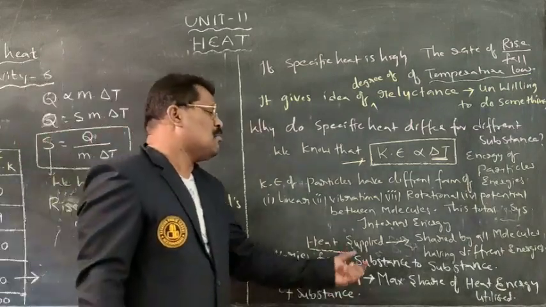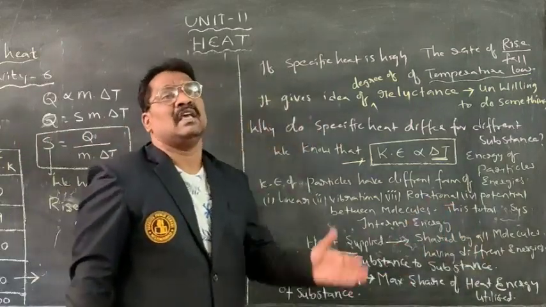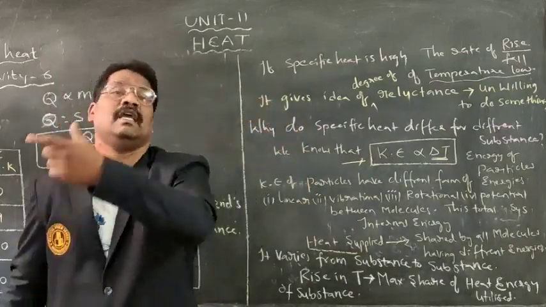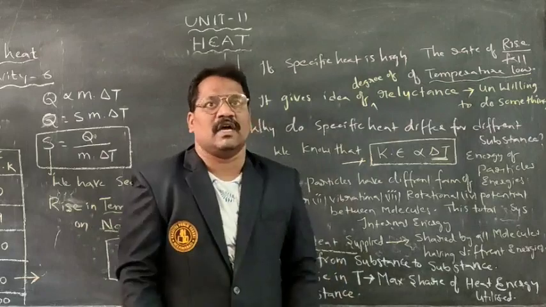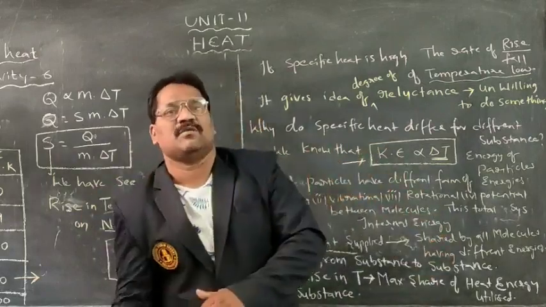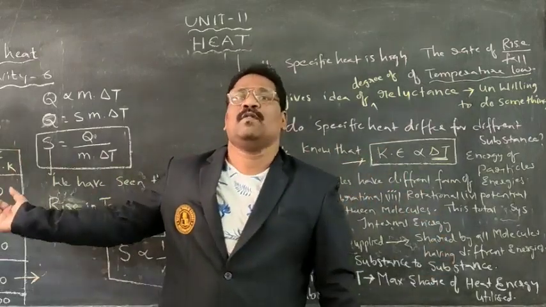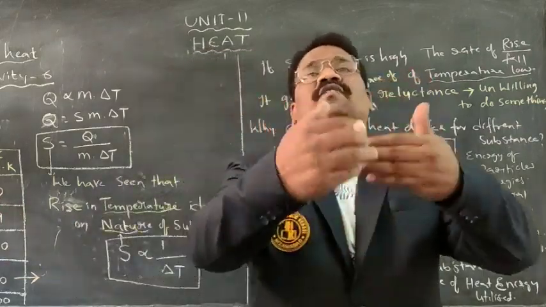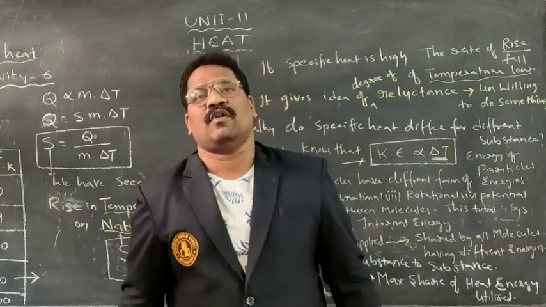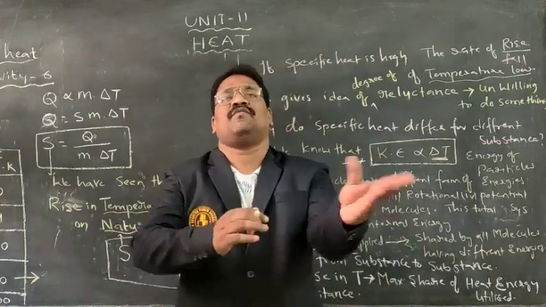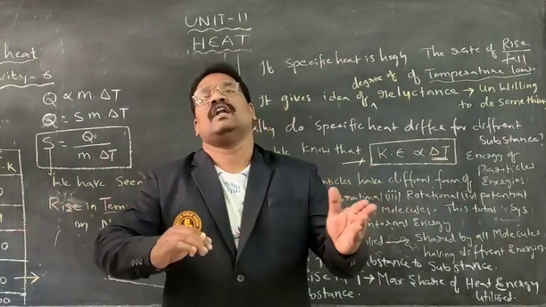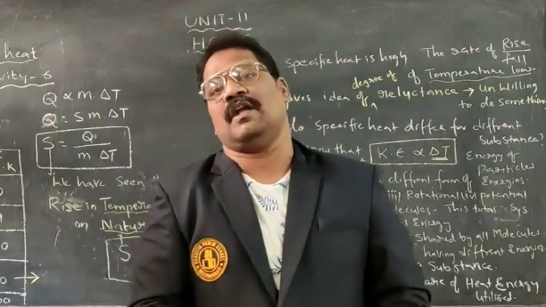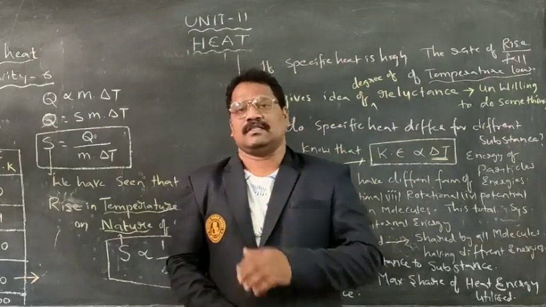That share varies for different substances. Lead is different, brass is different, so the heat required also varies. Depending upon that nature, different substances have different specific heats. By this we have completed our activity 6.